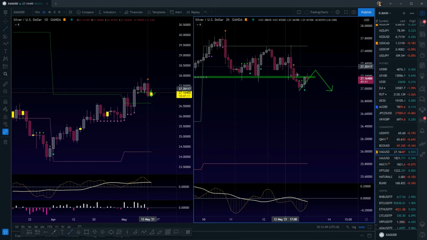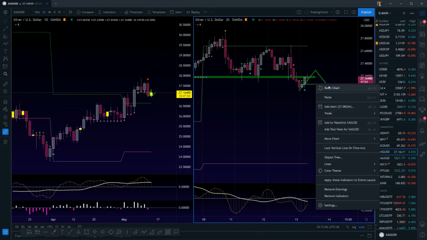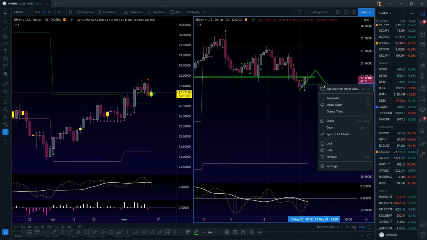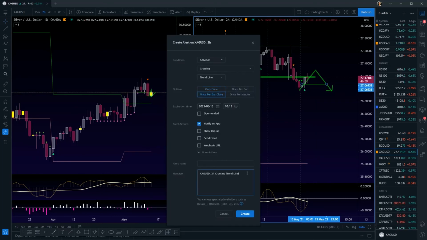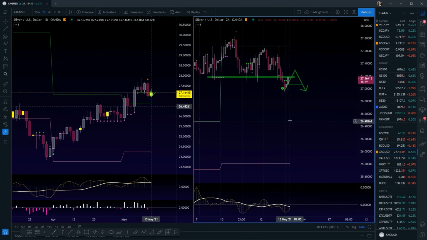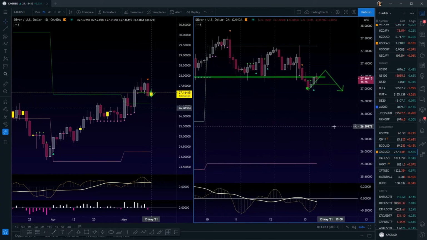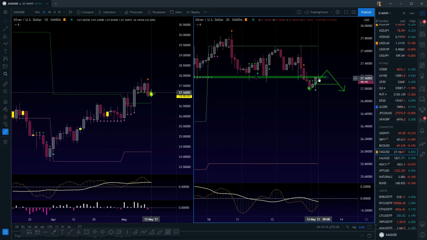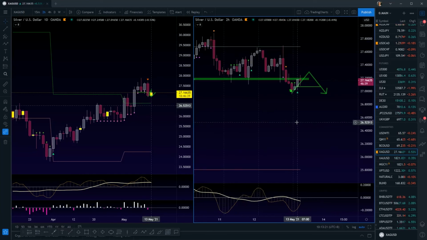So what I normally do is I set alerts. I try to set like, this one doesn't make any sense, so I'll just set it here anyway. I'll just add alert, and if it crosses this, let me know. I'll call this the pullback sell. It's the same thing, it's just on a reversal part. Once this bar closes, if it closes around there, I'll move the line up, so it kind of helps me visualize where my entry would be.